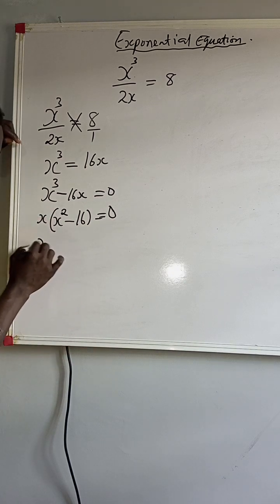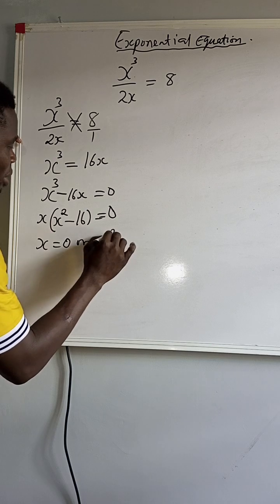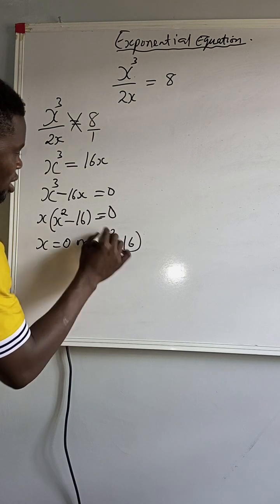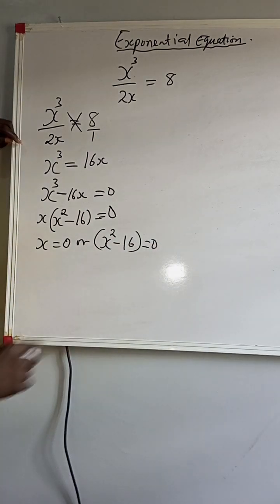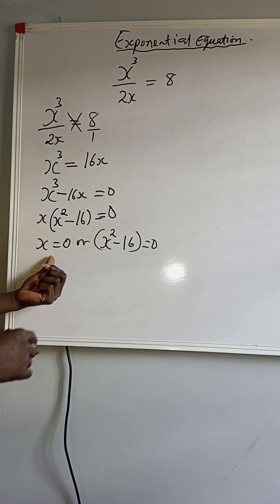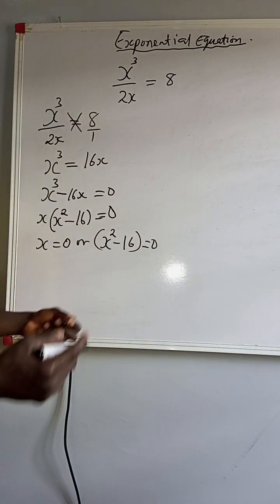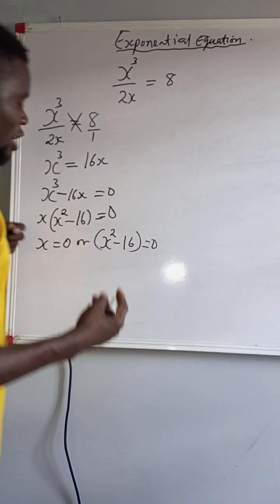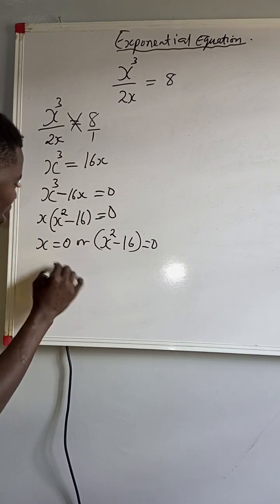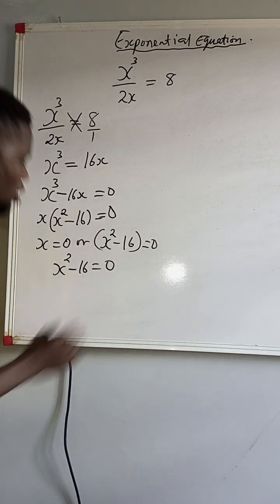Therefore, we can say x is equals to 0, or x raised to power 2 minus 60 is equals to 0. From here, the x cannot be equals to 0 because when x is equals to 0, this particular equation will be undefined. Therefore, we bring out our x raised to power 2 minus 60 is equals to 0.